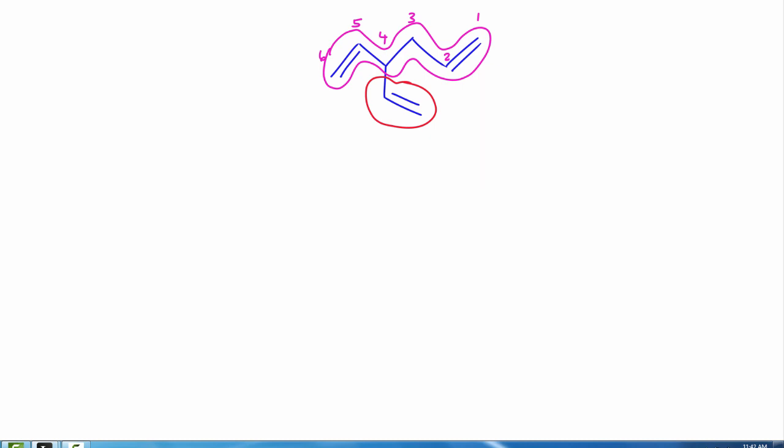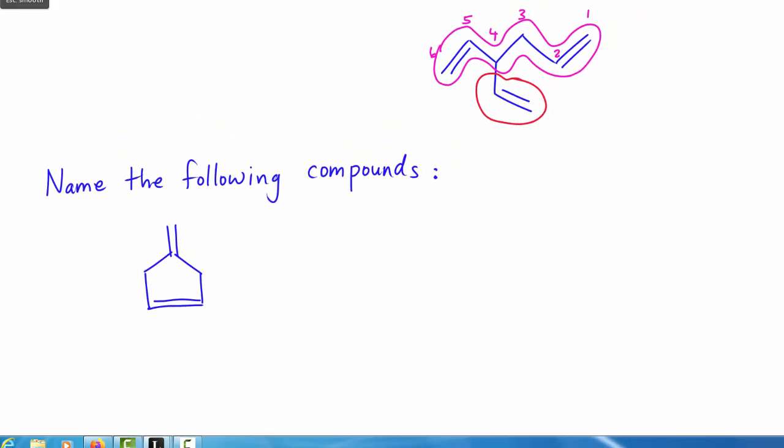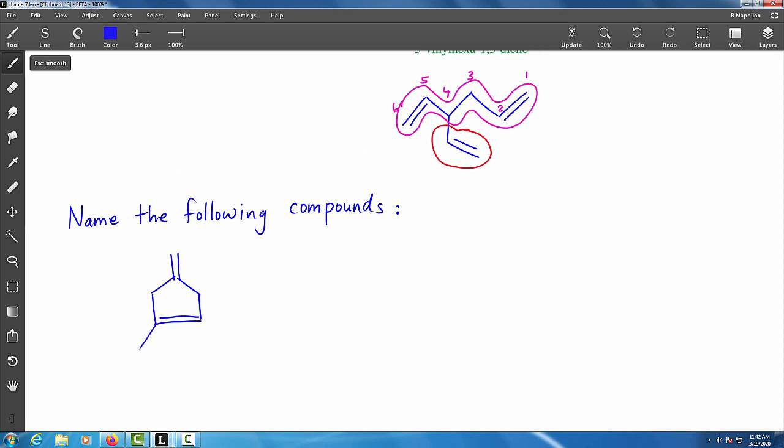Let's try, for example, to name the following compounds. Okay, so let's say if we had a ring like this, I'm going to give it that substituent, and I'm going to give it that double bond in the Br.